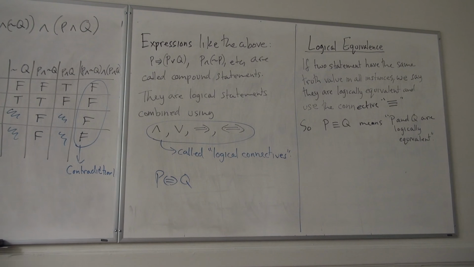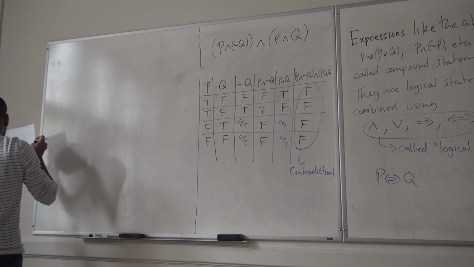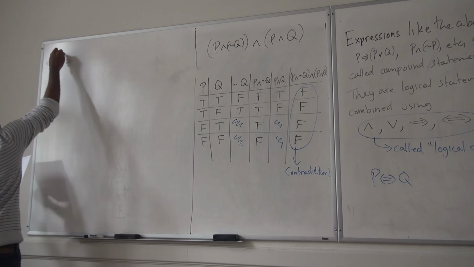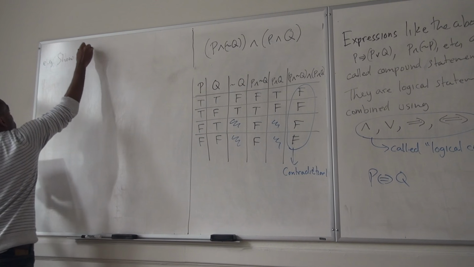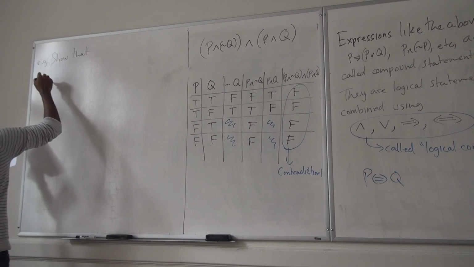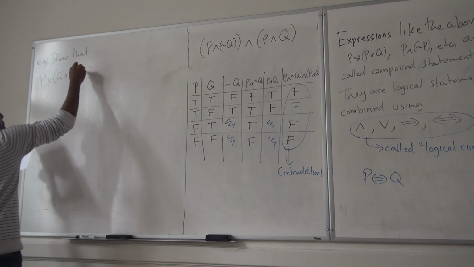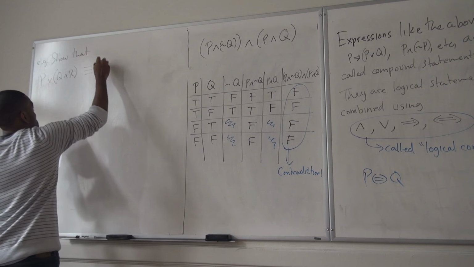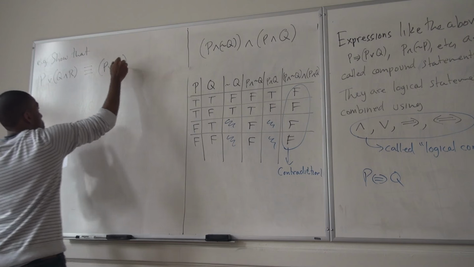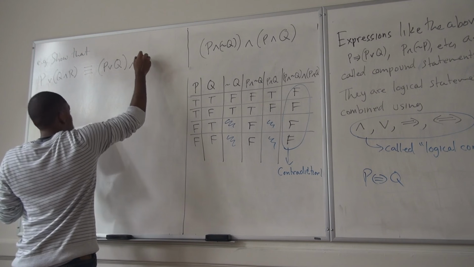So let's do an example. Show that P or Q and R is logically equivalent to the statement P or Q and P or R.